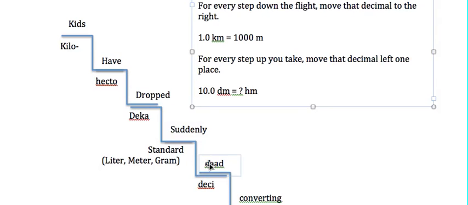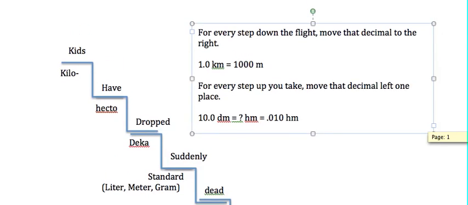To do that, I go 1, 2, 3. So I'm going up 3 staircases, so I have to move the decimal 3 places to the left, which is going to give me 0.010 hectometers. So 10 decimeters is equal to 0.010 hectometers.